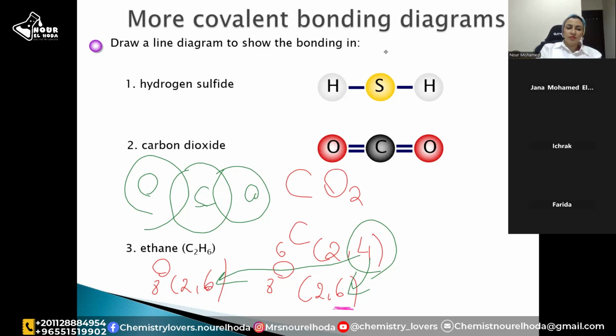The oxygen already has 8 electrons in total, so they don't need to share? No, take care. They have a total of 8, but I want the outer shell to be 8, not the total number to be 8.